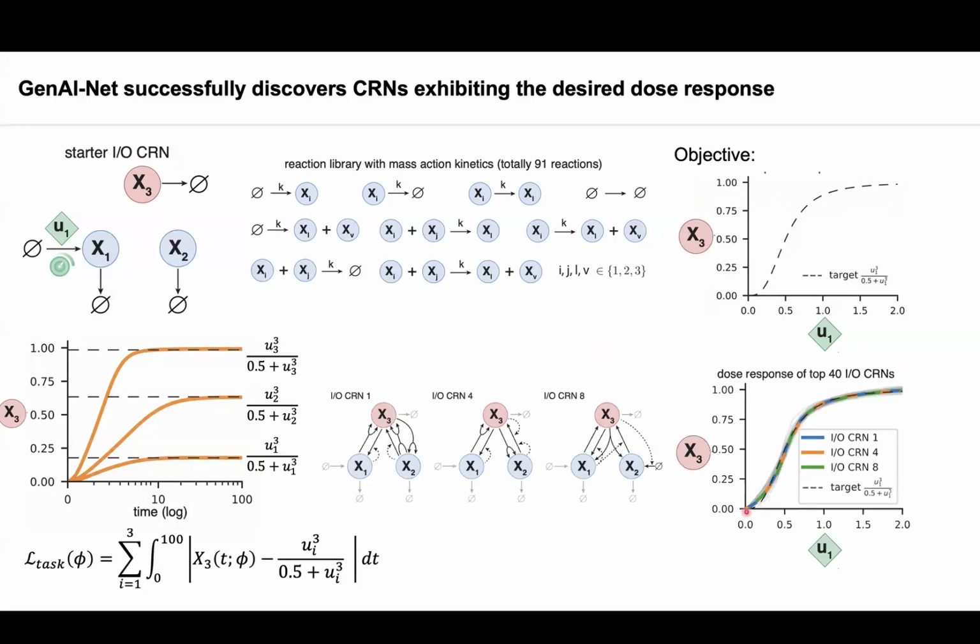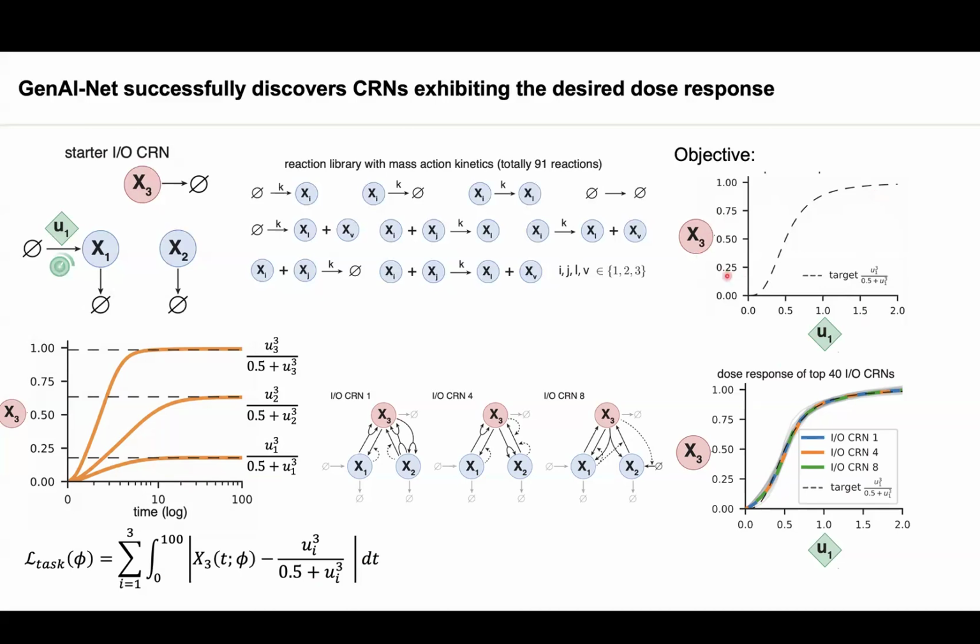As you can see, all the curves match this black dashed line, which is our target value. So it shows that all 40 theorems generated from GenAI-Net have the desired dynamical property, which is this one.